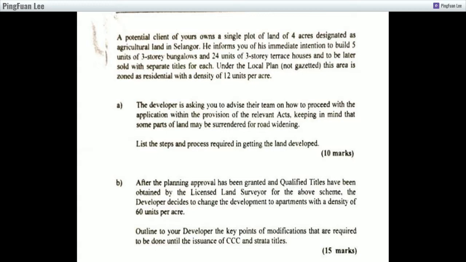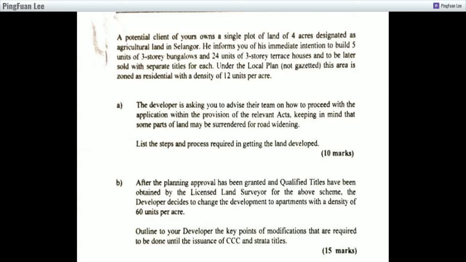We don't involve strata. We can ignore the strata part. Then we have to talk about things like sold later with separate titles for each. This one I'm not sure what they're trying to say. So when they say later, do they mean a different phase or what? Or am I just reading too much into this? Sorry, can you say again?